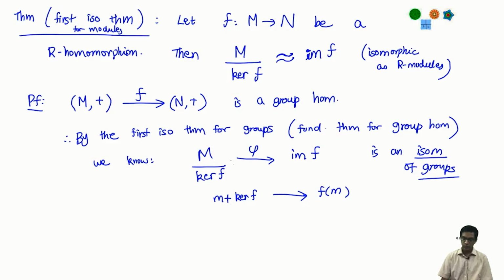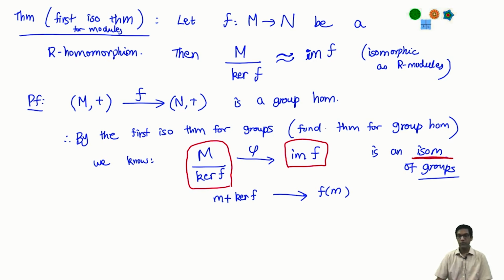In addition to the group structure, what we have in M modulo the kernel is a scalar multiplication by elements of R, the same thing on the right side. So we just have to now show that phi also respects the scalar multiplication. If we do that, then automatically phi becomes an R module homomorphism. It's already a bijective map because we know it's an isomorphism of groups. We have already done that work, so we don't need to redo it.